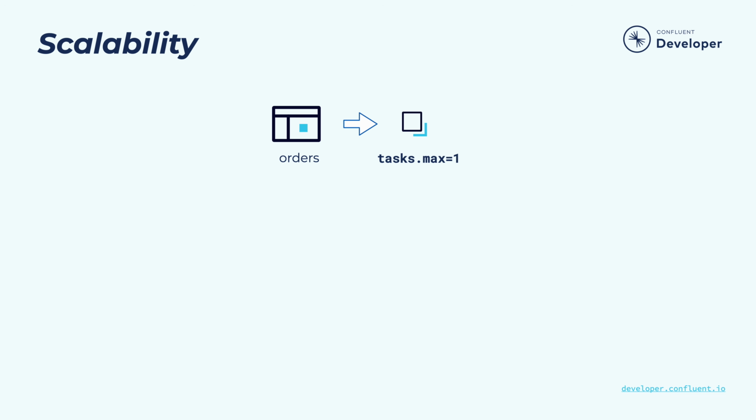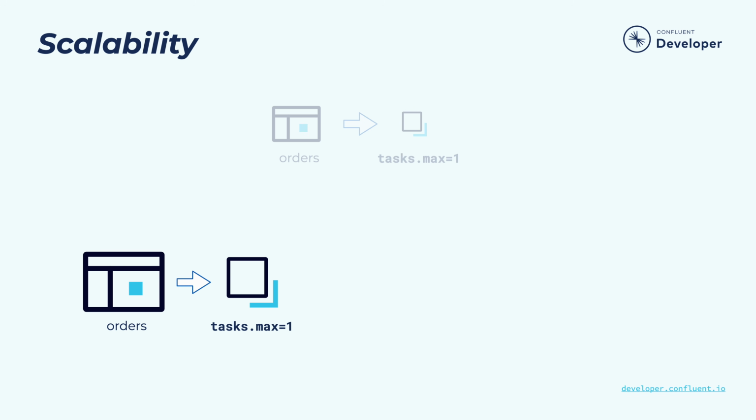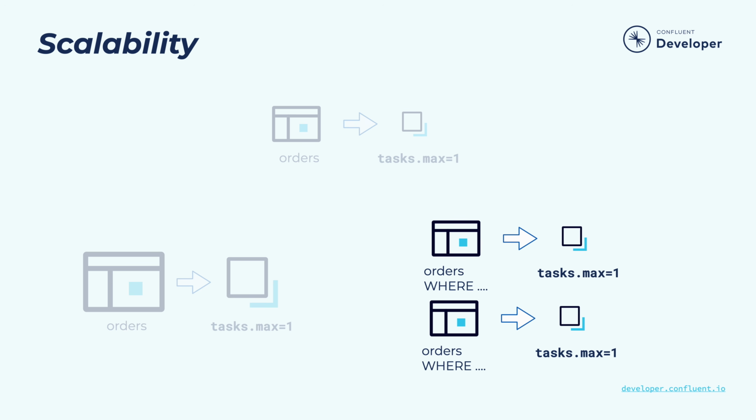So what do you do if you have a large table or a table that's being updated quite frequently and that one consumer can't keep up? Well, option one is to scale up your consumer, right? Provide that particular task with more CPU, more memory, and it can handle the larger traffic. The other alternative is to partition your incoming table into multiple publications.